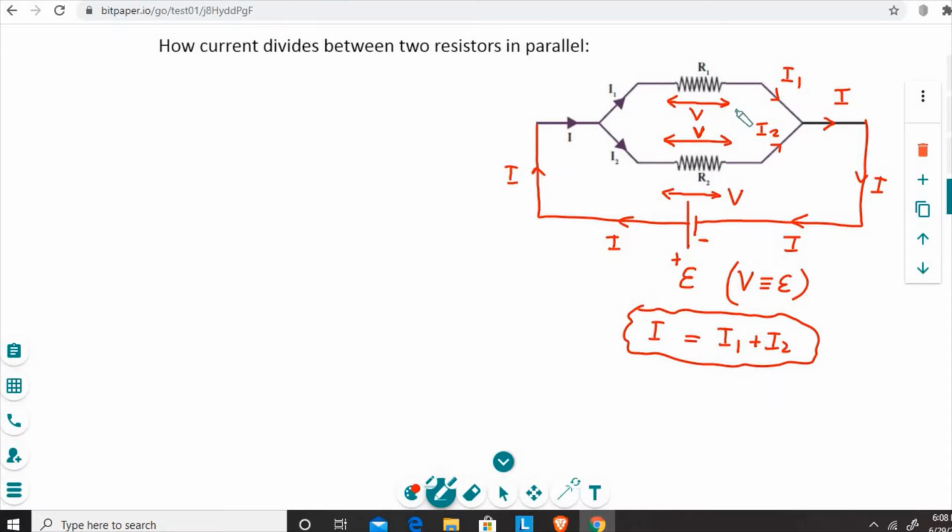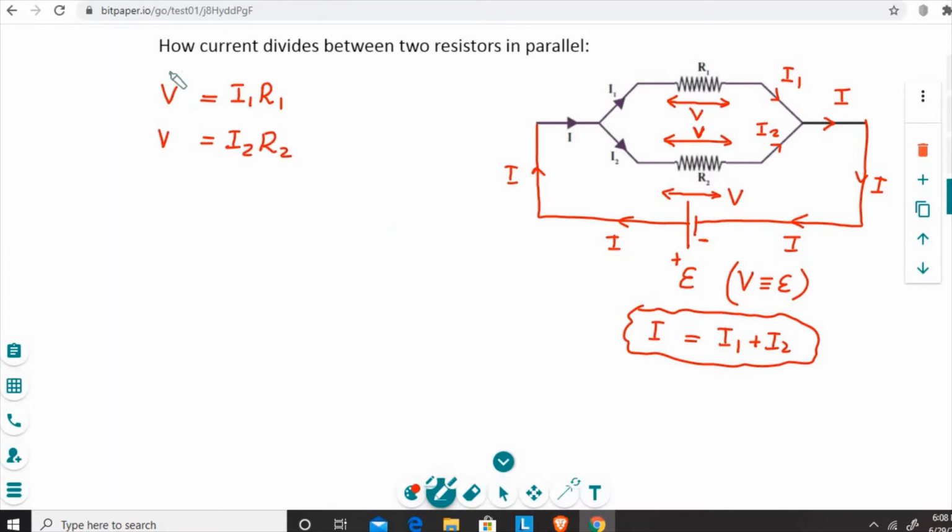Now let's see how we can divide the current between the two resistors. I can write down Ohm's law, for example, for resistor 1. The voltage across resistor 1 is V. Ohm's law says this is equal to the current through the resistor times the resistance. So the current through R1 is I1 and the resistance is R1, so V equals I1 times R1. Similarly, for resistor 2, I can write V equals I2 times R2.